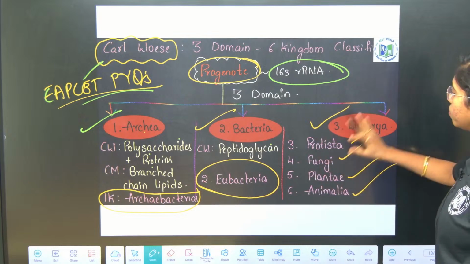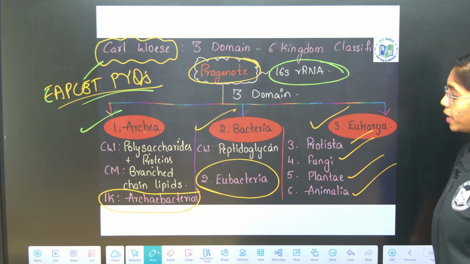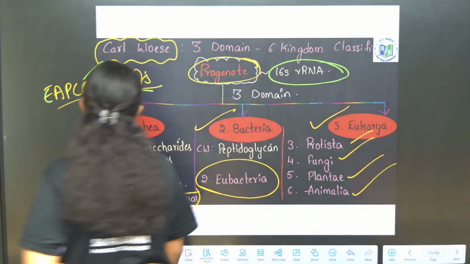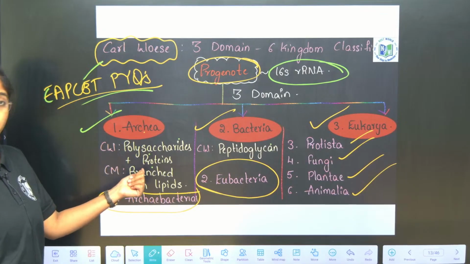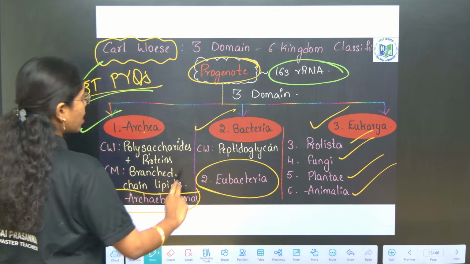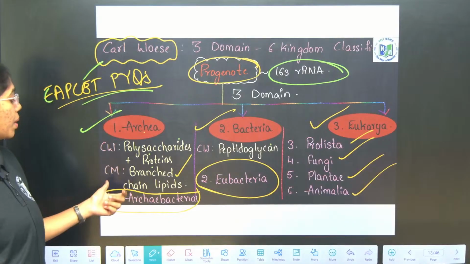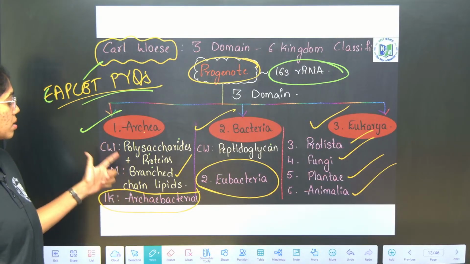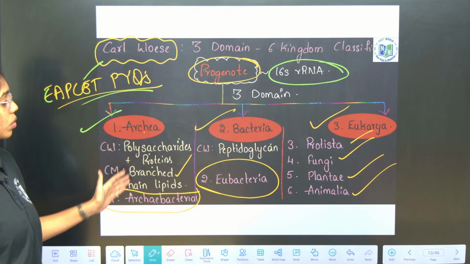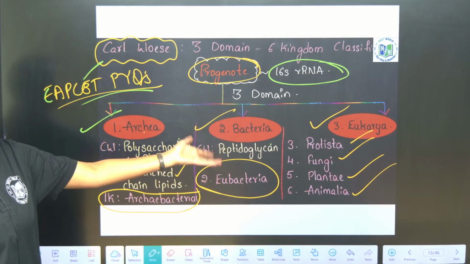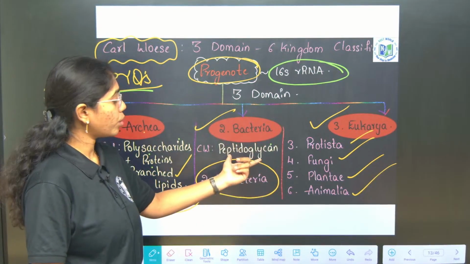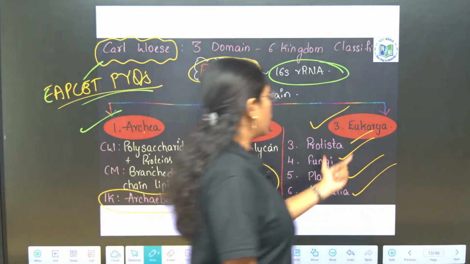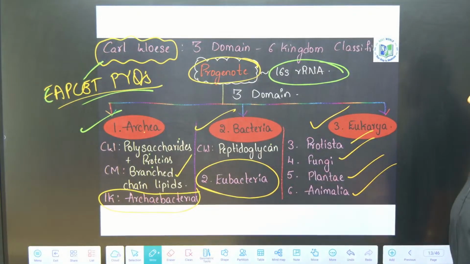In archaea, the cell wall includes polysaccharides and proteins, and the cell membrane consists of branched chain lipids. The cell wall of bacteria is composed of polysaccharides and amino acids, noted as peptidoglycan. Protista, Fungi, Plantae and Animalia all possess eukaryotic cells.